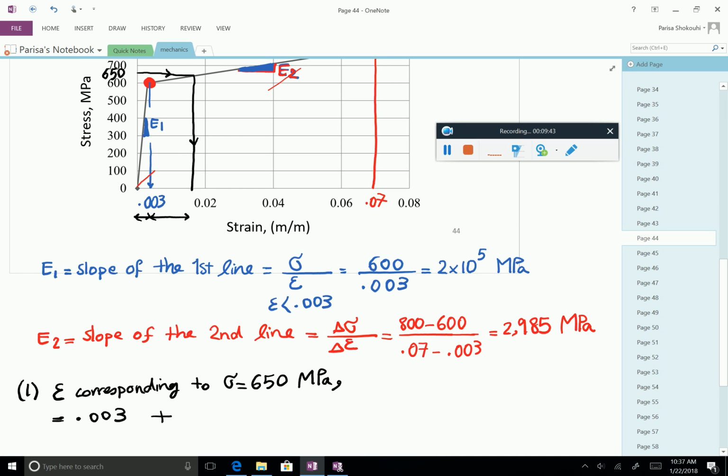And how do I calculate the strain in the second part? Now it's easy. I know E2. So try to calculate it on your own. See if it all makes sense.